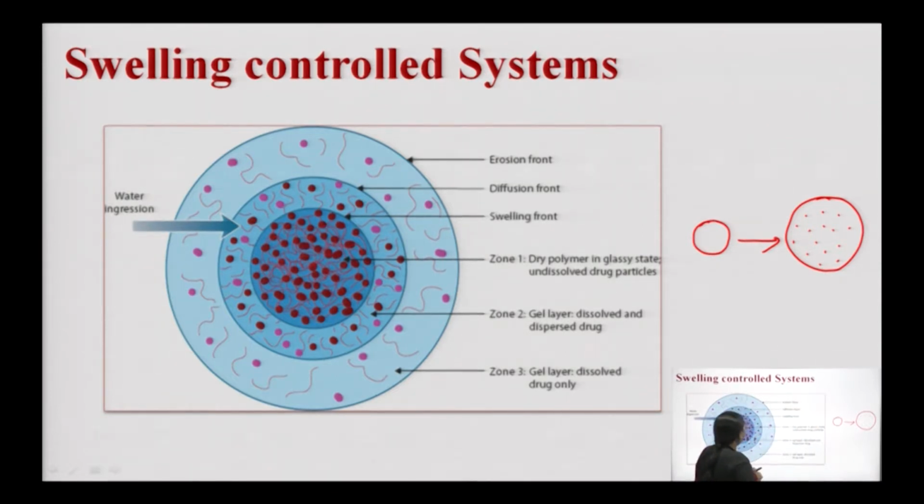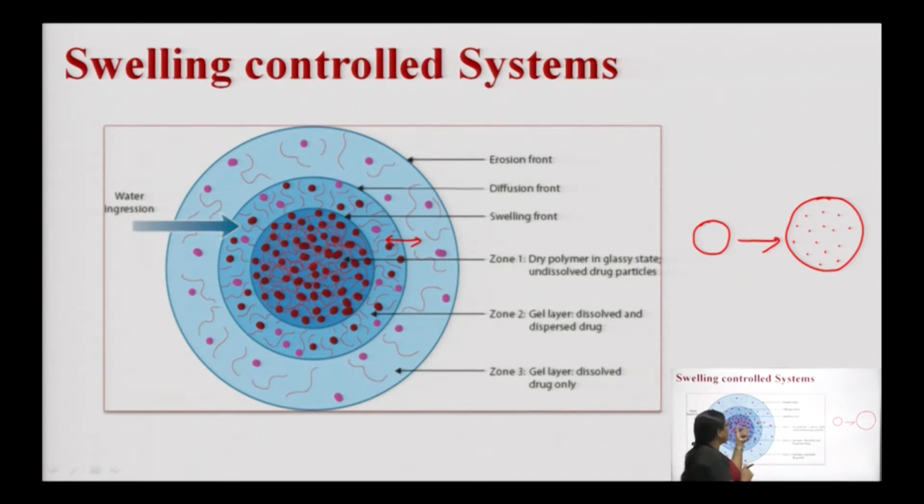So, zone 1 is enclosed inside what is called the swelling front, because it is at this level that swelling is going to progress. Zone 2 is defined with the help of what is called the diffusion front, because here the drug is diffusing from zone 2 into zone 3.